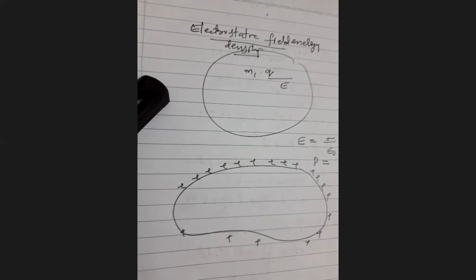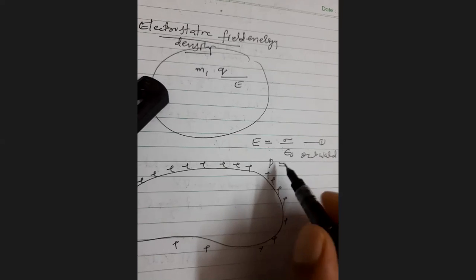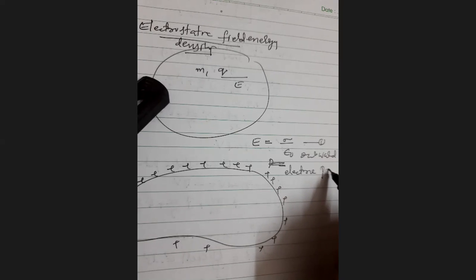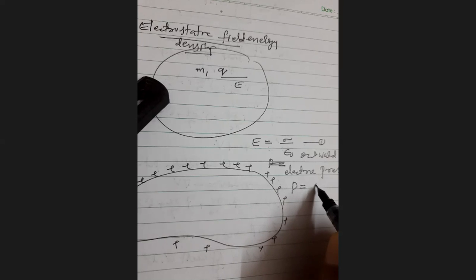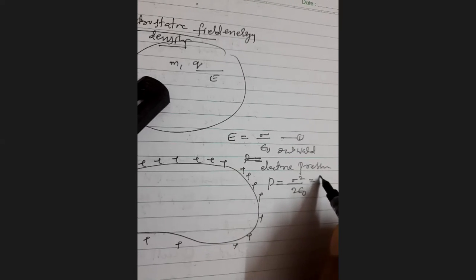Outward electric pressure, or mechanical force per unit area, P is equal to sigma square by 2 epsilon naught, that is equal to half epsilon naught capital E square.